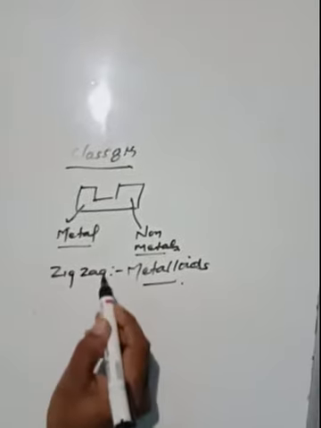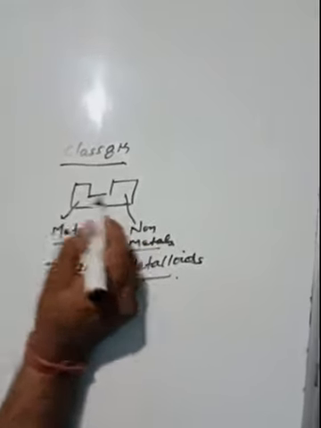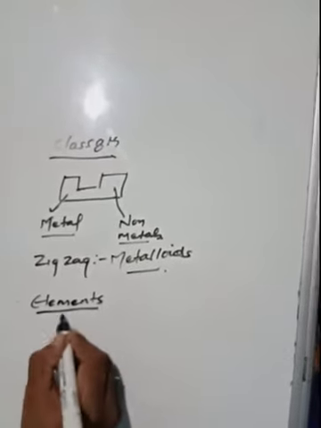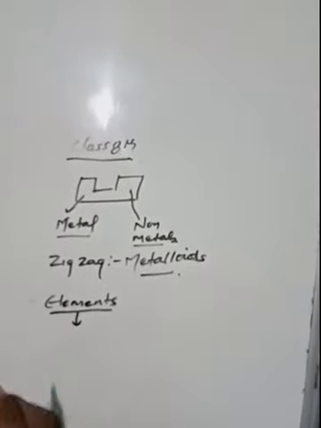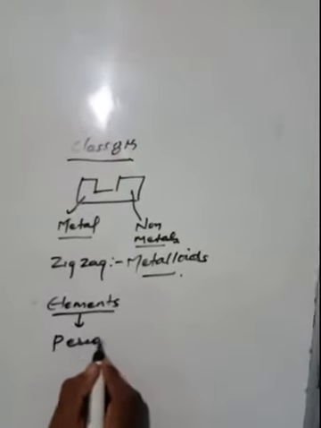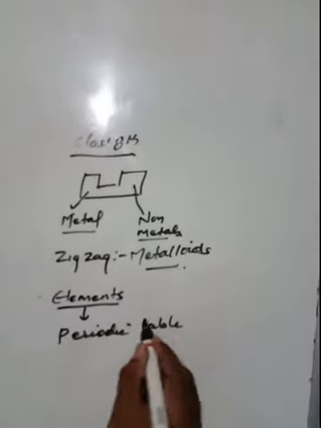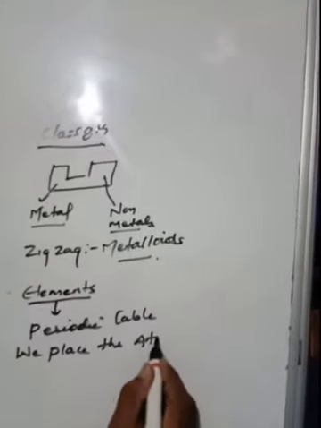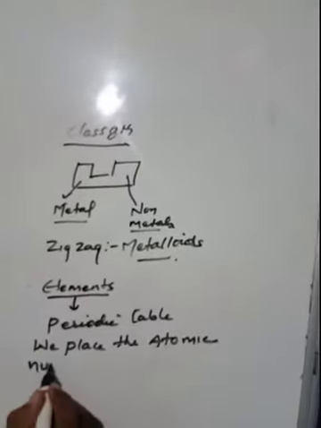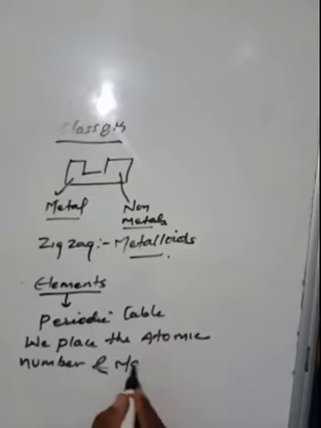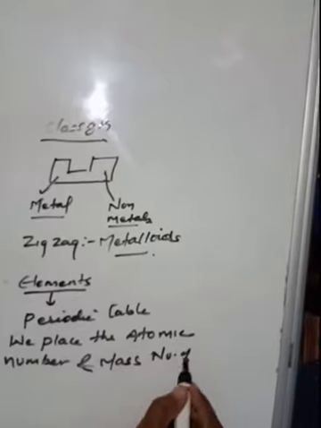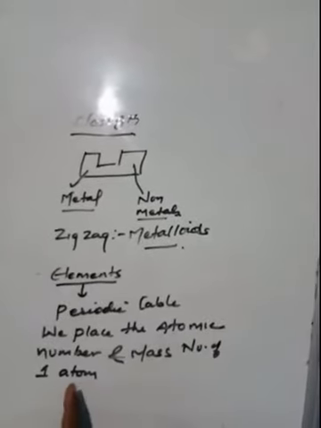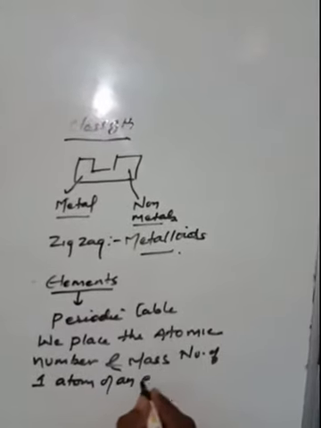So earlier we had made these arrangements of elements. Now the question comes. In this periodic table, we place the atomic number and mass number of one atom, not atoms, I am writing one atom of an element.